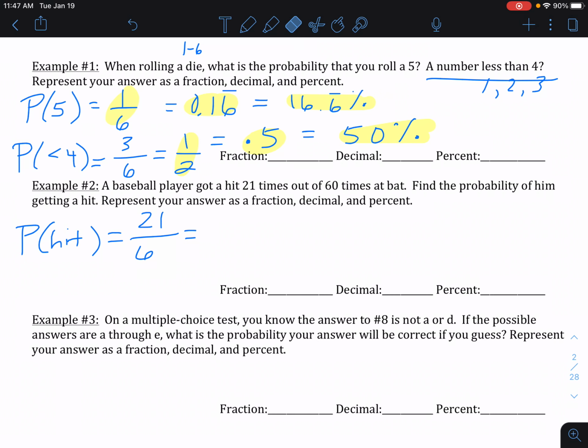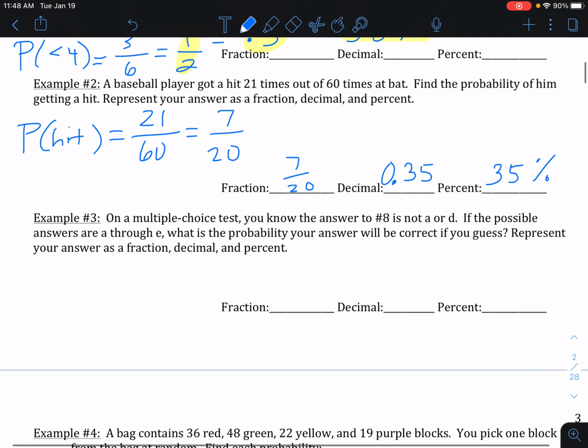Let me clean that up a little bit. Each of those can divide by 3 to have 7 out of 20. So there's my fraction. Your decimal, 7 divided by 20, is 0.35. And your percent, move the decimal twice, easily, 35%.